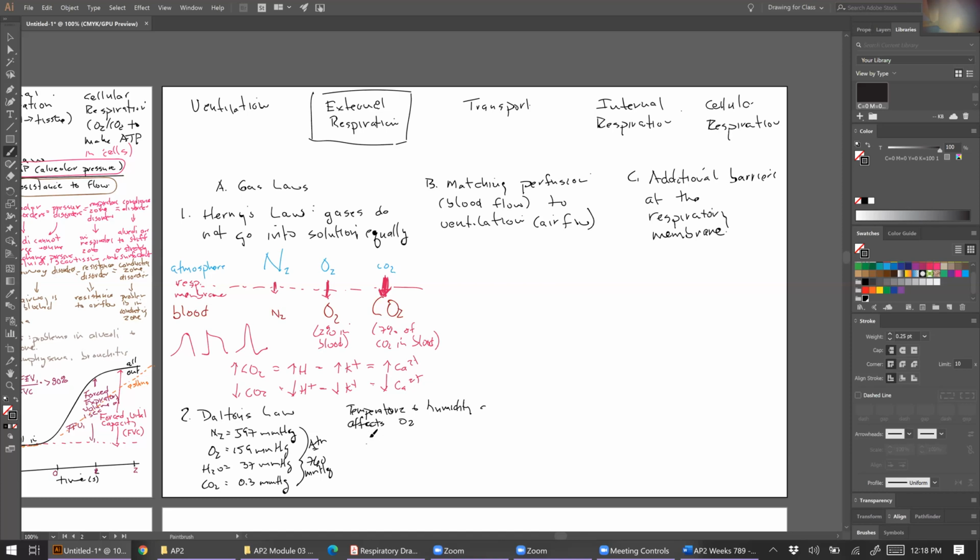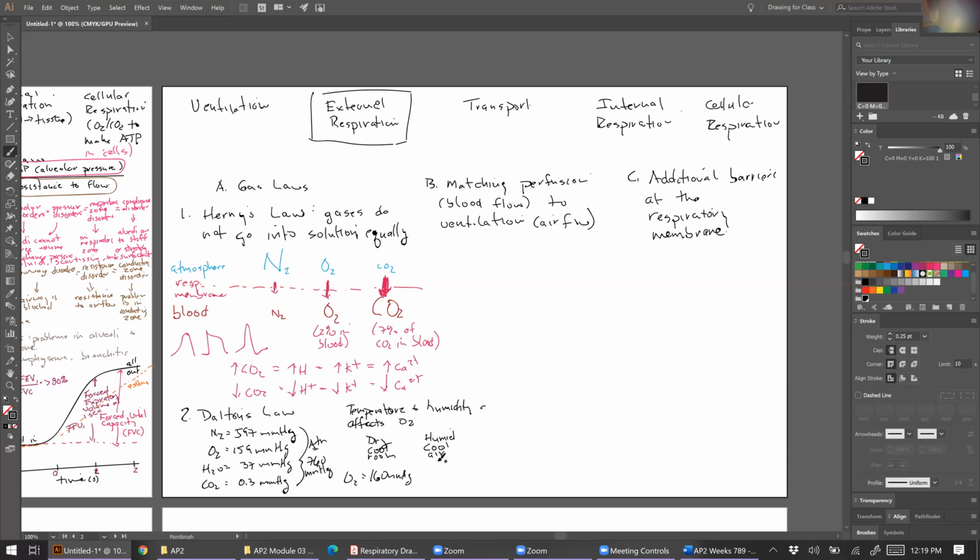So if you have a dry, cool room, O2 is about 160 millimeters of mercury. But if you put water in the air, it displaces some of the oxygen.